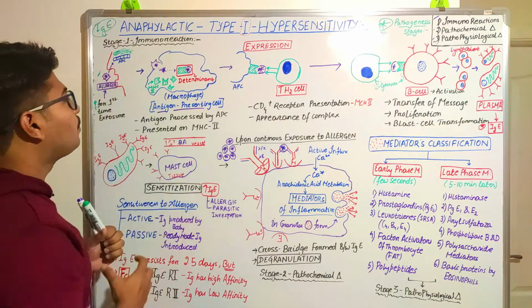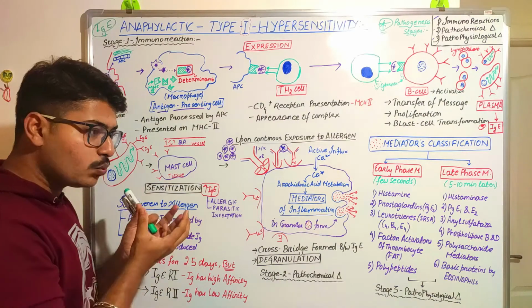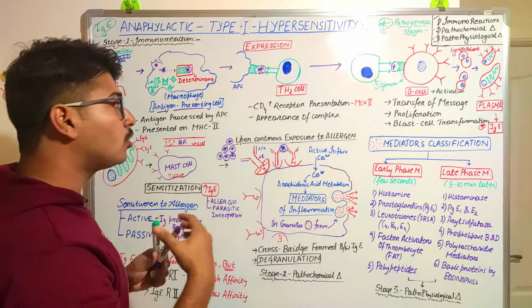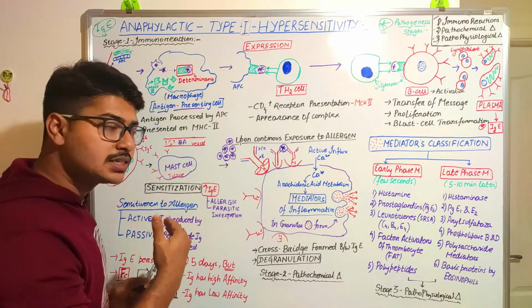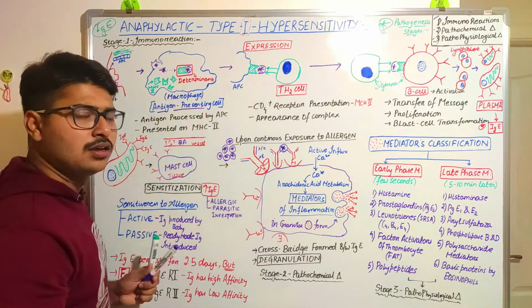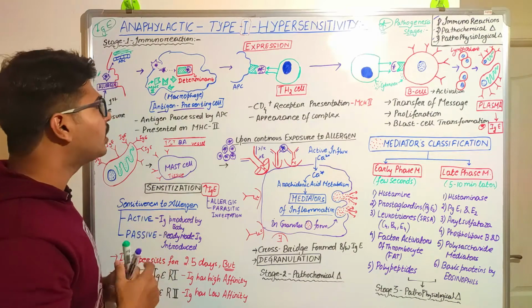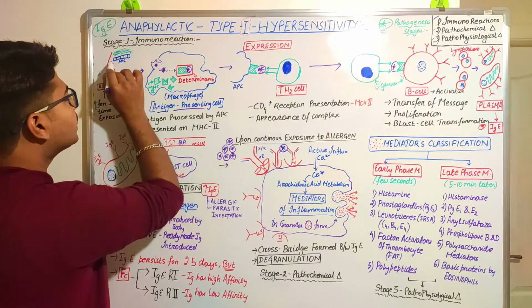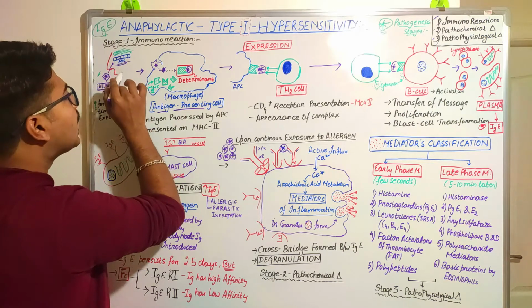After the antigen presenting cell catches the antigen, what will happen? It will also undergo certain changes inside the cell. First, when the allergen or antigen comes, it will bind to this APC.